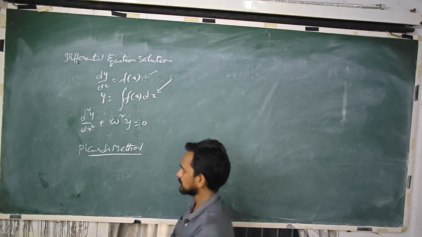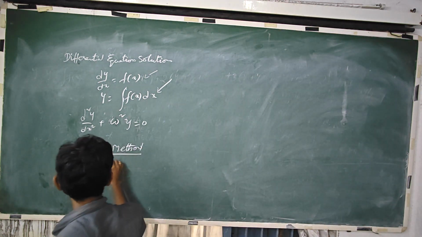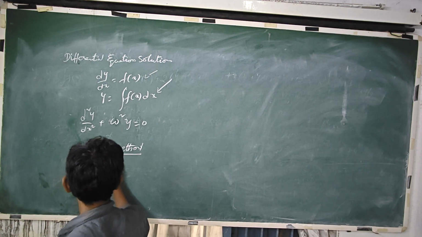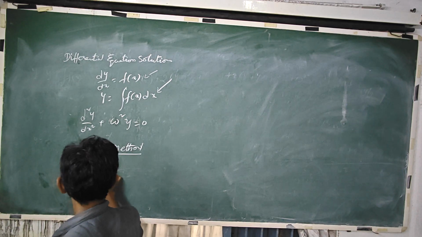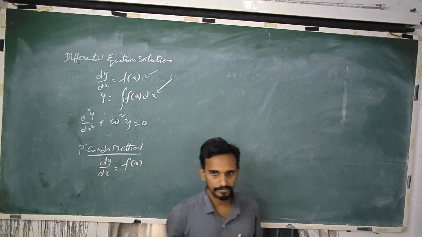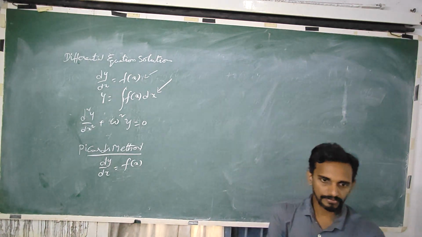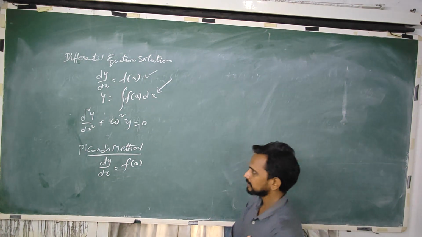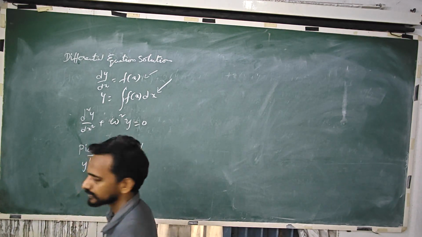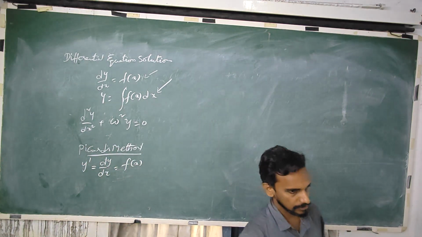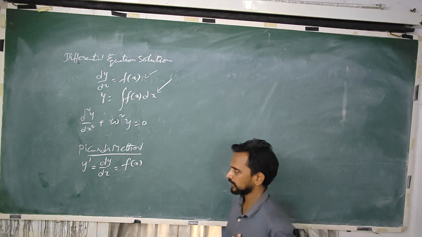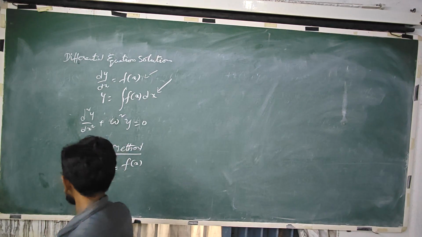So I am considering the same dy by dx is f of x. So this is y prime. That is the given equation. I need to solve that, and for that I am considering a Taylor series expansion for y.